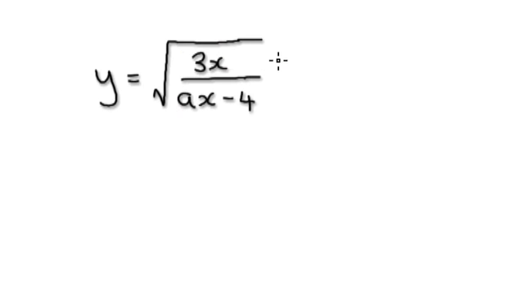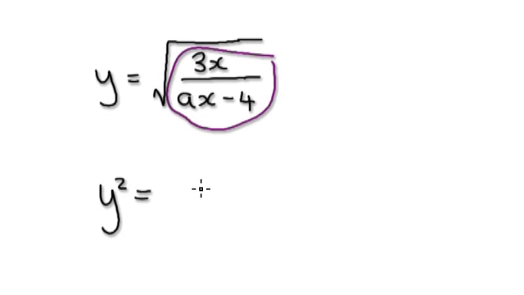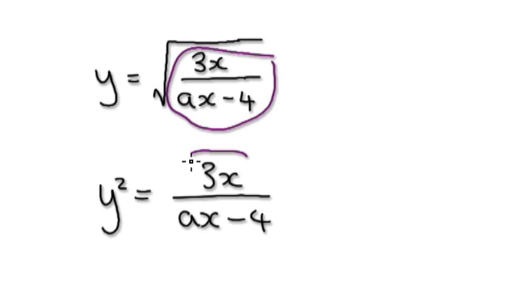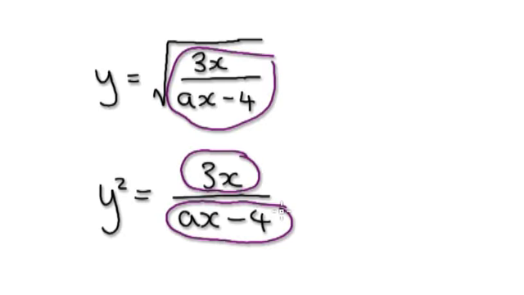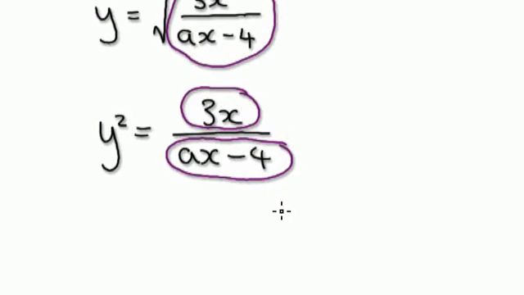So what you have to do is visualize it like this. Now square both sides. So now it becomes this, and what's left is just the bubble, ax minus 4. Now visualize it like this. You've got one bubble divided by this long bubble here. So now times both sides by this bubble here, because at the moment you've got two layers, the top layer and the bottom layer.